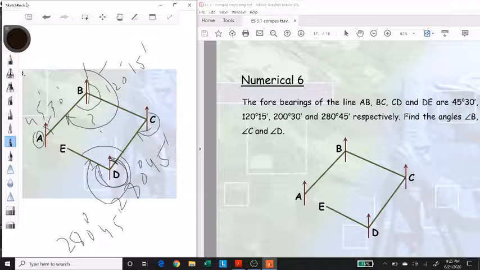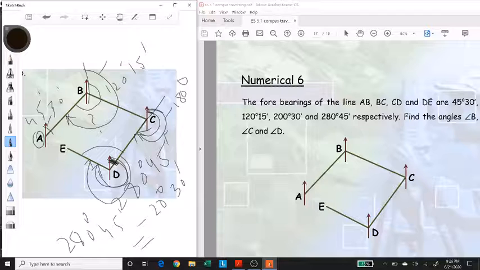From that, I need to calculate this back bearing of the line CD. So if I can project that from this whole angle, if I subtract 180 degrees, I will get this angle, which is basically the back bearing of the line CD. So if I subtract 180 degrees from 230 degrees 30 minutes, I get 50 degrees 30 minutes. And if I subtract that from the fore bearing of the line DE, I get the interior angle D, which would be 99 degrees 45 minutes.